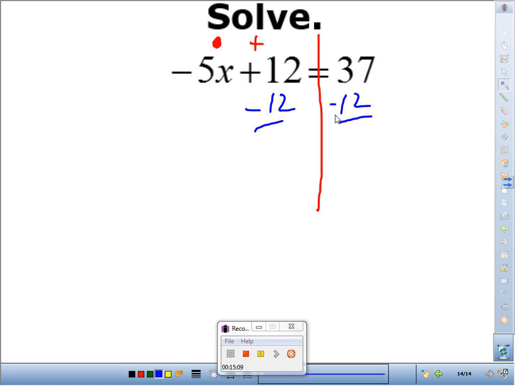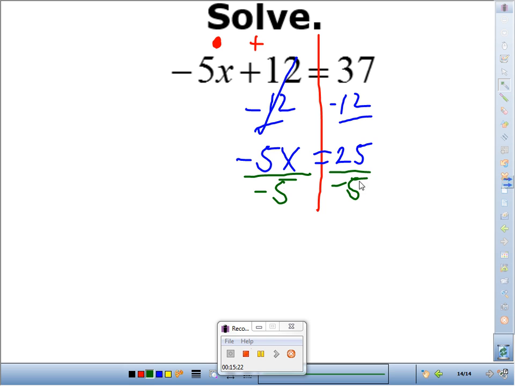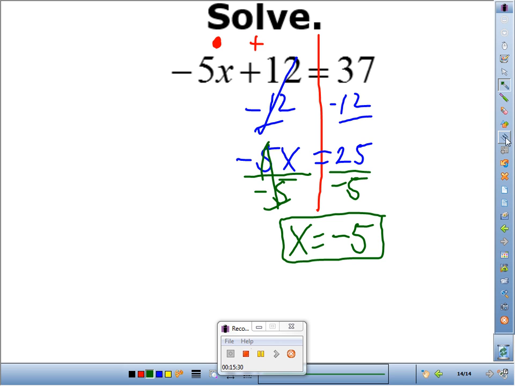We're left with negative 5x equals 25. What's the negative 5 doing? It's multiplying, so we need to divide by negative 5. x equals negative 5. Hands if you got that by yourself. Okay, good. Here goes my graph.